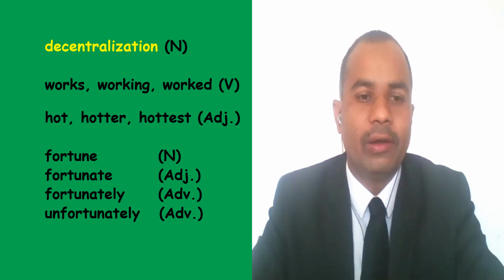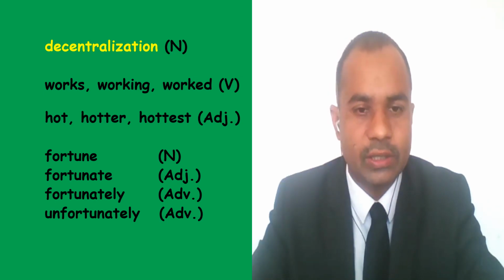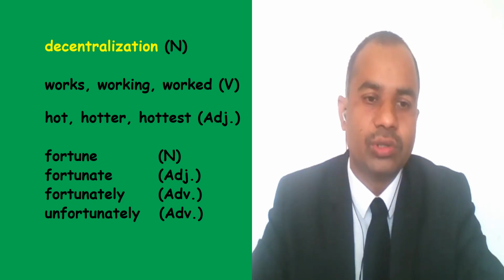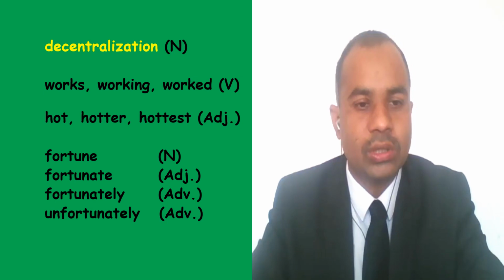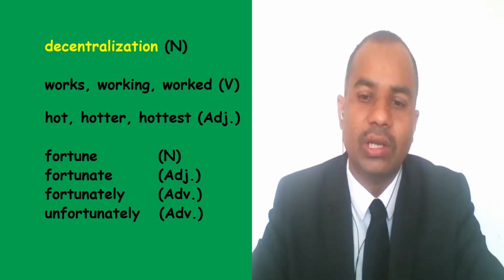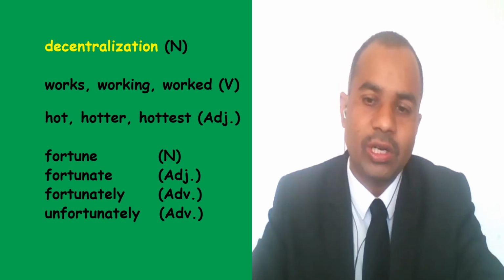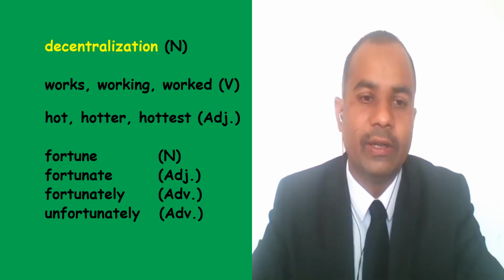Again we have the word fortune, which we have already discussed, that fortune is a noun. I left the previous job to seek a good fortune in the next one. So I am fortunate enough, that is fortunate, but fortunately I have had this, so that is luckily.